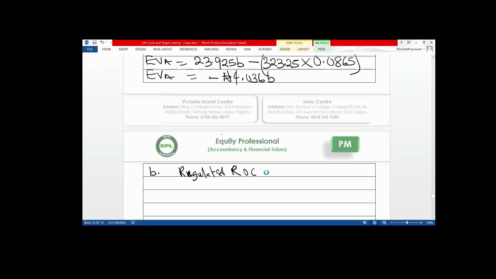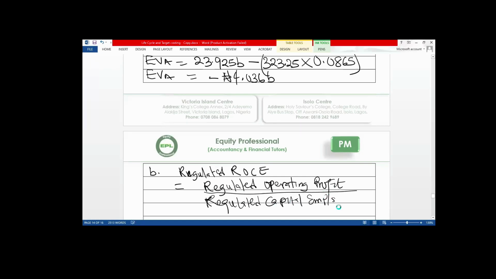The formula becomes regulated operating profits divided by regulated capital employed multiplied by 100.